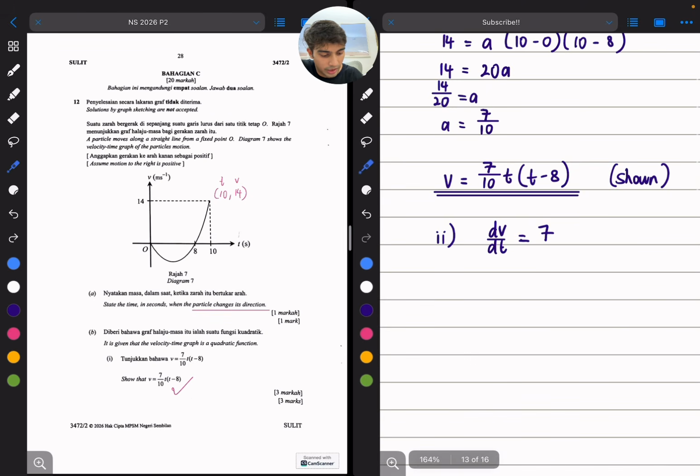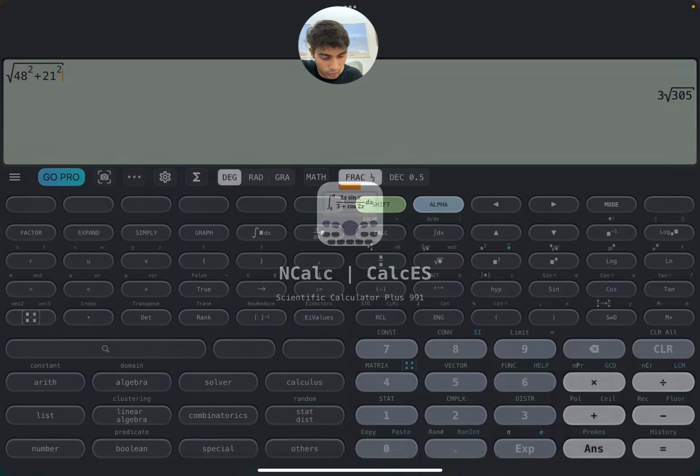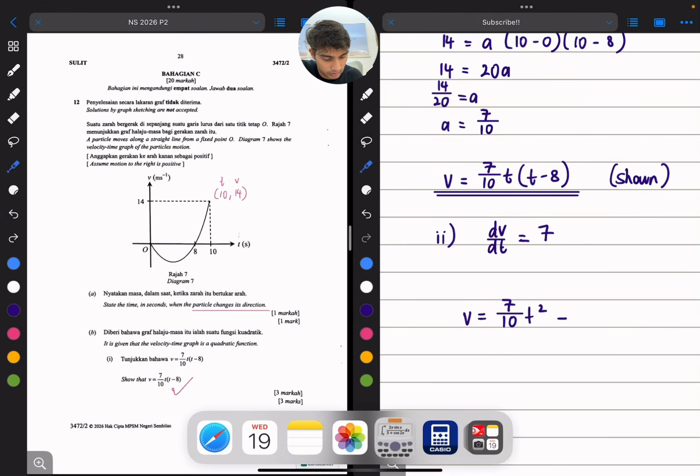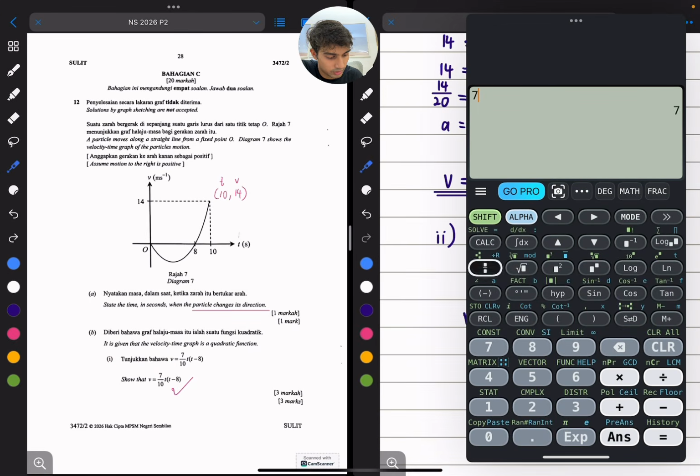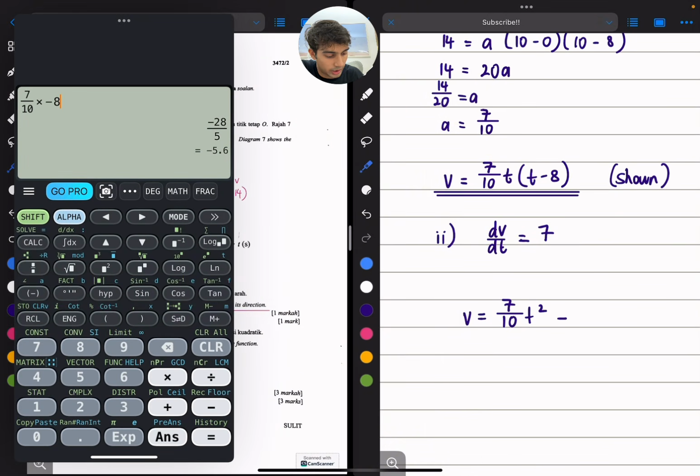So we know v is this, then we can find dv/dt. So we can say v equals 7 over 10 t, expand here, we get 7 over 10 t squared minus 7 over 10 times negative 8, which is negative 28 over 5.